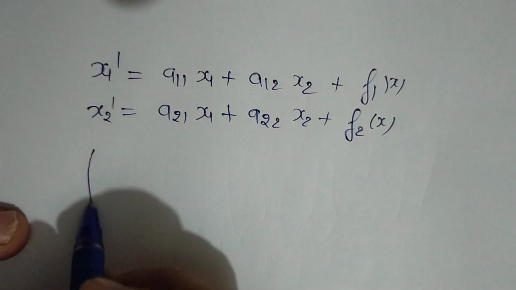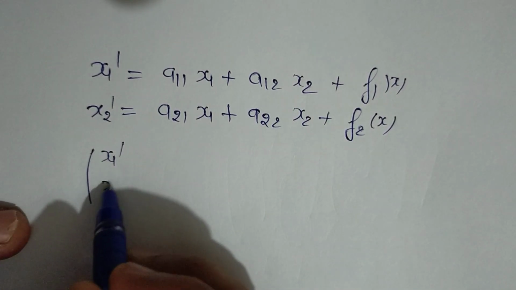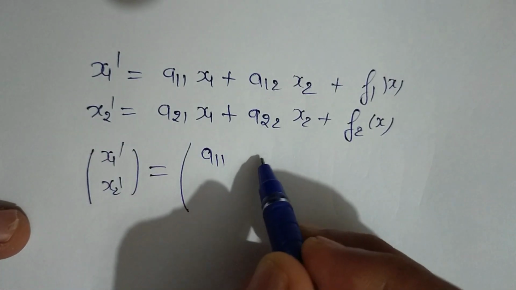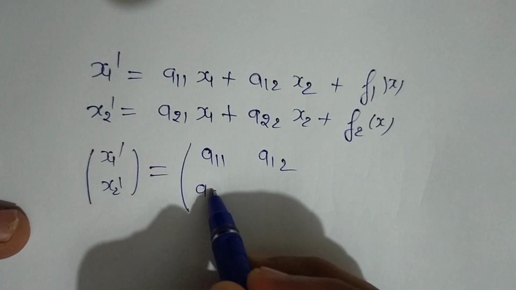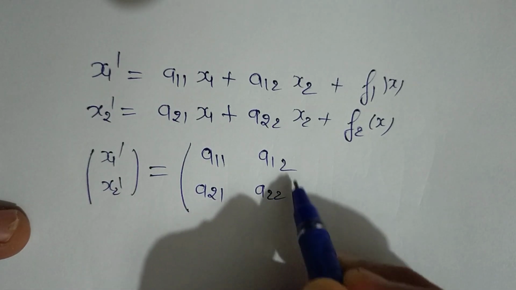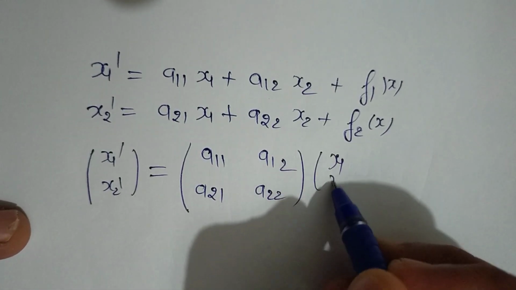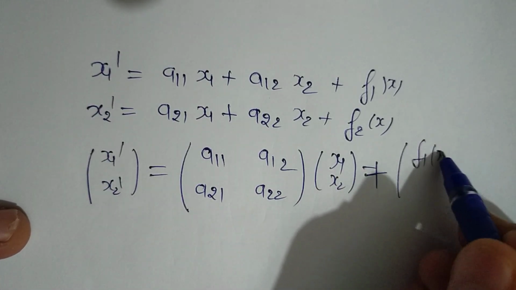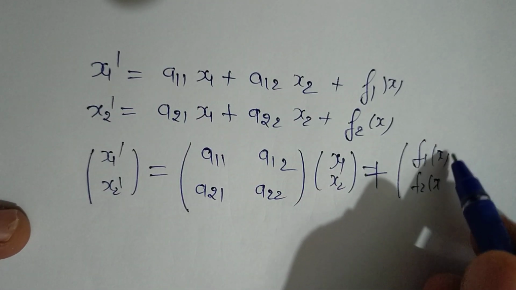If you write this in matrix form, this is x1 dash, x2 dash equal to the matrix a11 a12, a21 a22, times x1 x2, plus f1(x), f2(x).